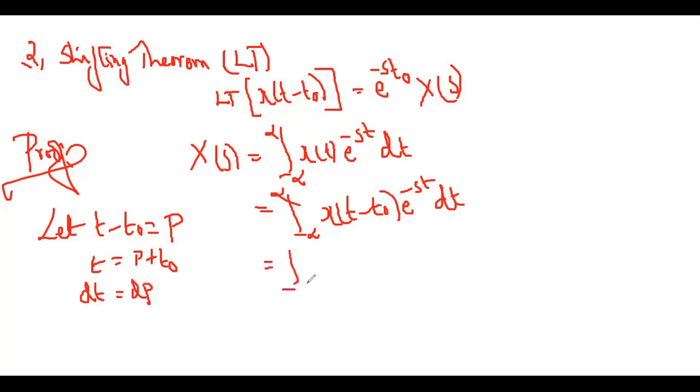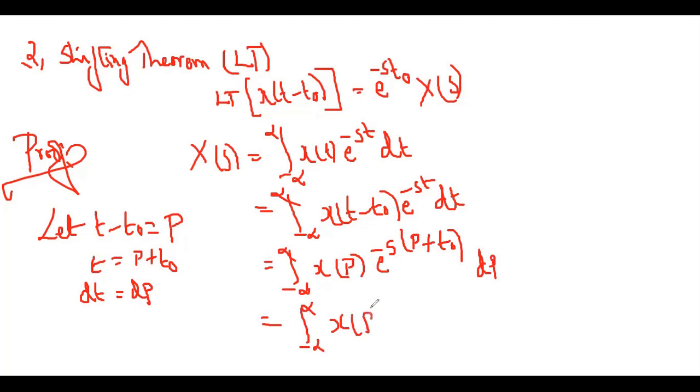Substitute here: integral minus infinity to infinity of x of p e power minus s into (p plus t naught) dp, which is the integral of x of p e power minus s into p dp, and e power minus s into t naught.